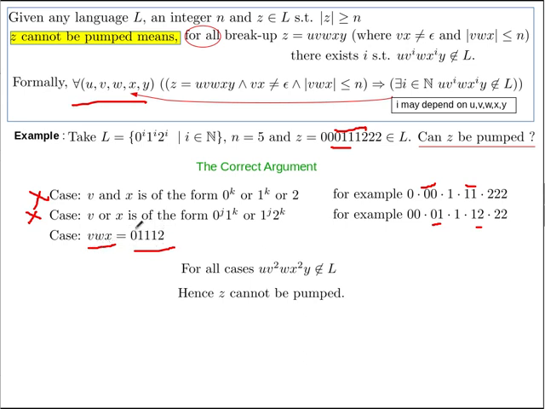So again here we cannot pump. So these are all the possible cases. We saw that we cannot pump it for all i. There exists i, in fact for i equal to 2, it breaks for all these cases, and hence z cannot be pumped.